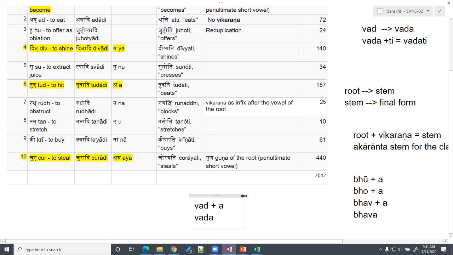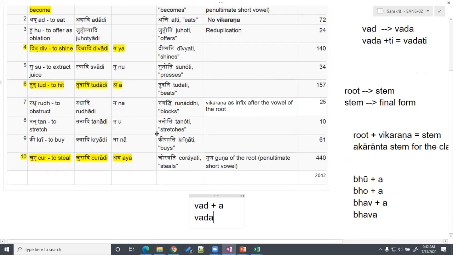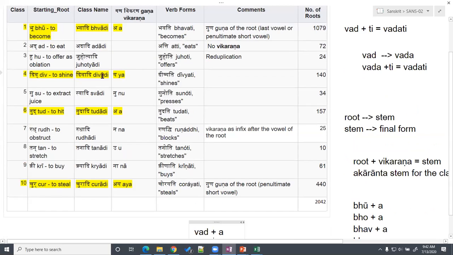So in many cases, all you have to do is just add the akara to the root, and the stem would be ready. The main thing is that the stem needs to be understood before you apply the endings. In case of div, here you simply add the yakara.